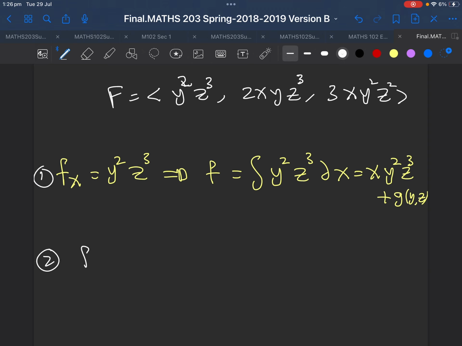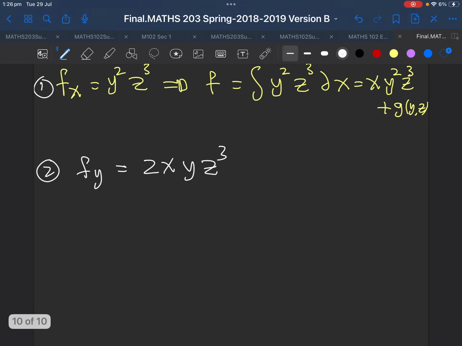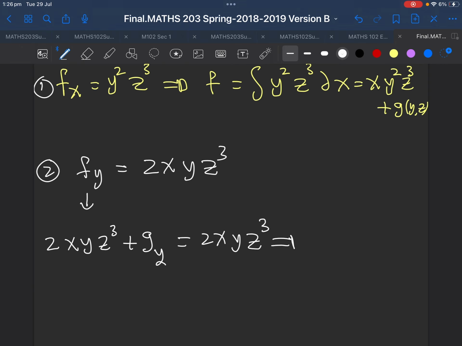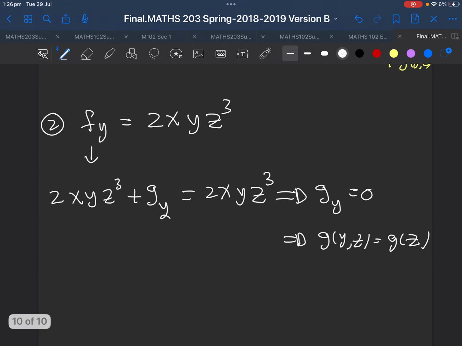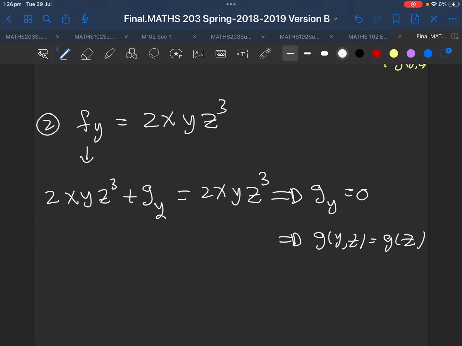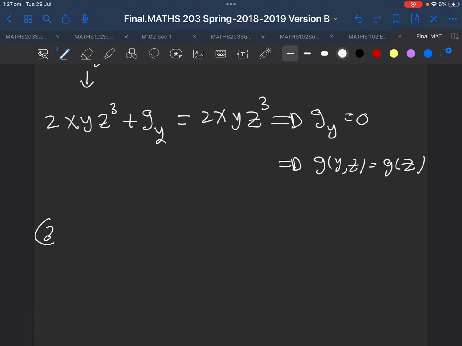Next equation is fy equals the second one. Now, what is fy? Take this one and differentiate with respect to y. You get 2xyz cubed plus g_y equals 2xyz cubed. That means g_y equals 0, which means g of y, z is only a function in z. So there is nothing with respect to y. How to find g? I didn't find g yet.